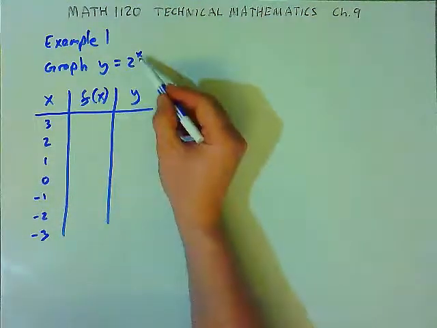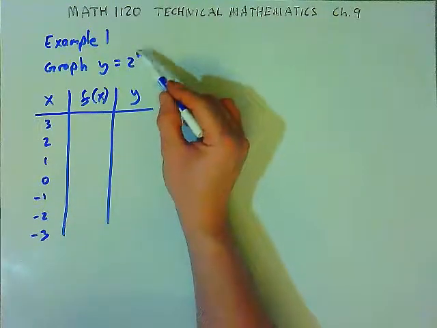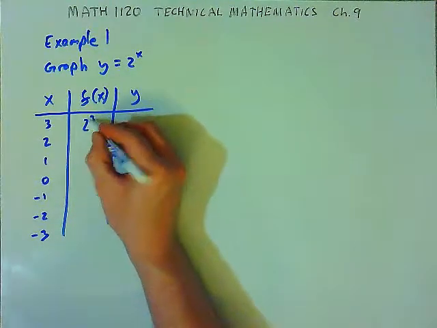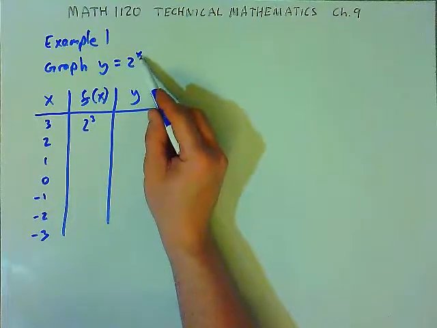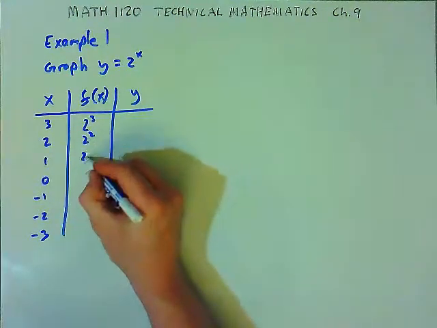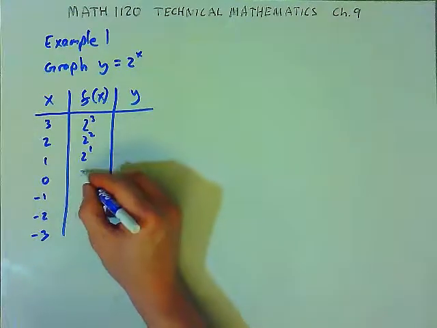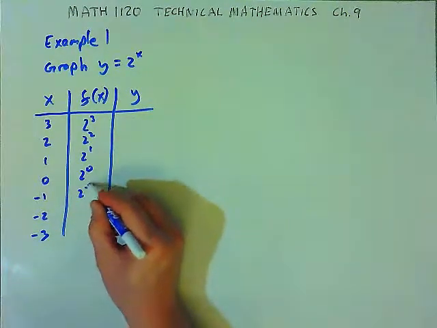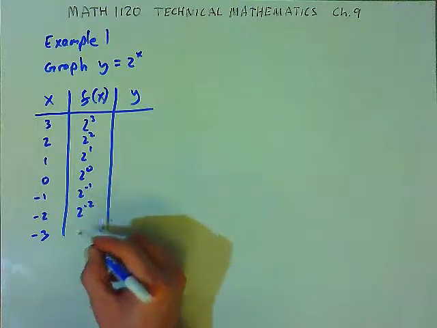And so the function of x, if x is 3, we'll have 2 to the third power. If x is 2, we'll have 2 squared. If x is 1, we'll have 2 to the first. If x is 0, we'll have 2 to the 0, 2 to the -1, 2 to the -2, and 2 to the -3.